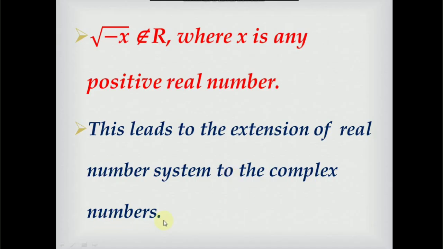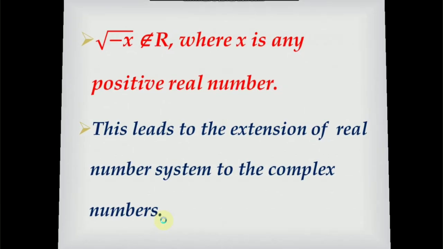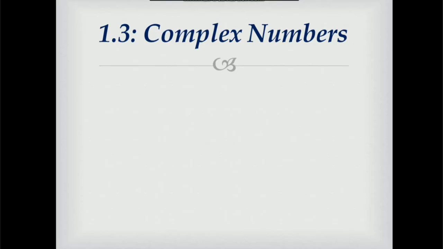This leads to the extension of the real number system to the complex numbers. The set of real numbers is extended to the set of complex numbers with the help of the number square root of -1, which is denoted as i, known as the imaginary number. Now we will see the structure of complex numbers.